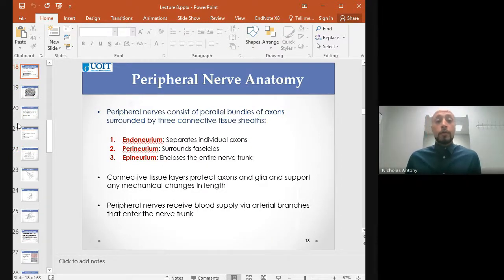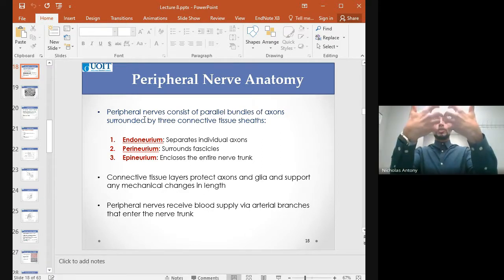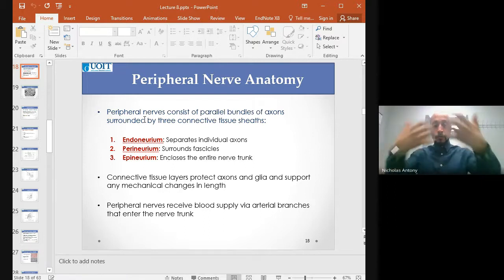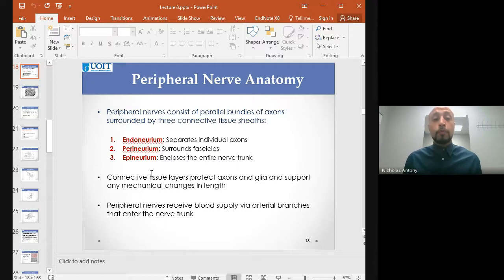So let's talk about the peripheral nerve anatomy then. Just like we were talking about the neurological system and the connective tissue layers, like the dura mater and the arachnoid space, remember that? The connective tissue is continuous through the whole neurological system, and it's continuous with, therefore, the peripheral nerves.